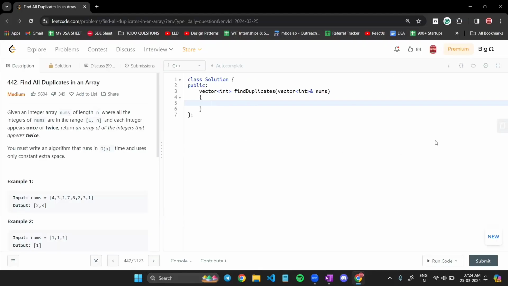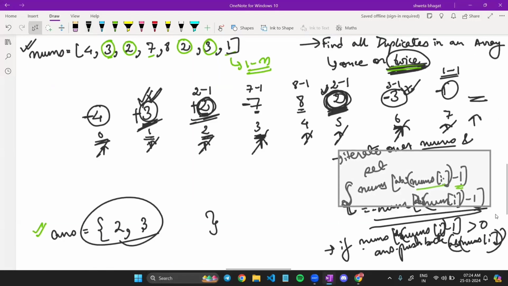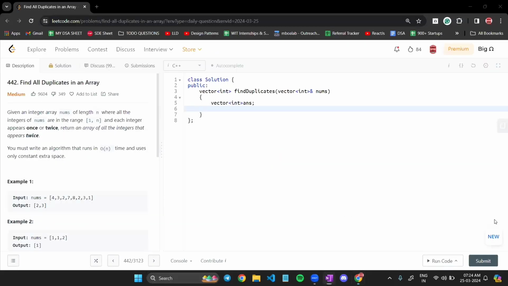So let's quickly code this. Let's create an answer vector. After that, we have to iterate over nums and set the value like this, correct? So let's do it. We'll say for index equals 0, index less than nums.size(), index++.